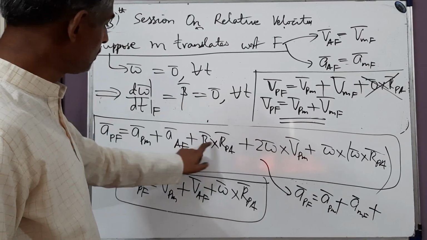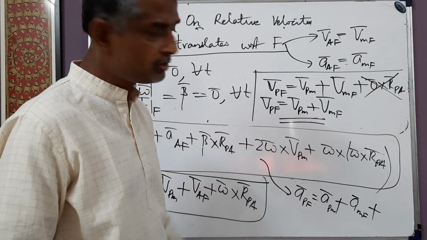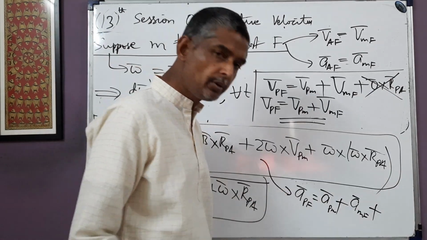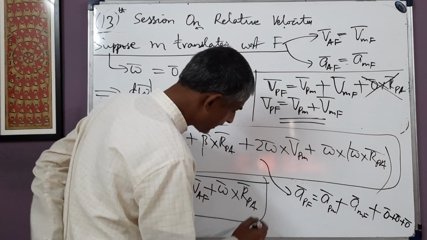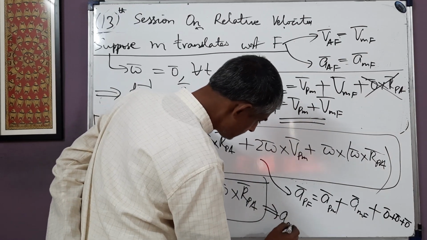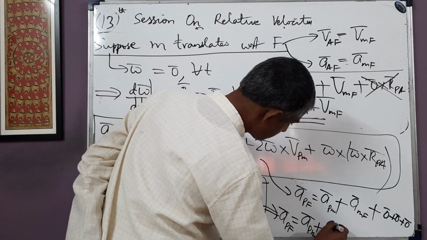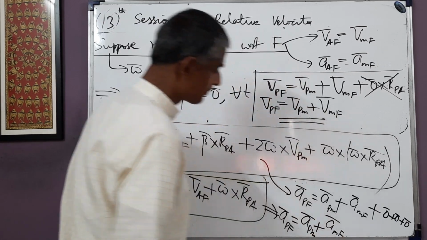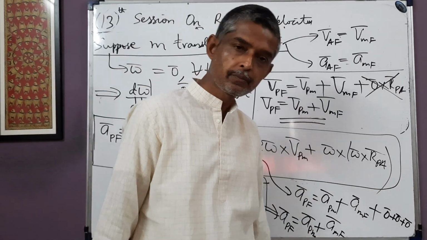Beta is 0, so 0 cross RP is 0. Omega is 0, so 0 cross VPM is 0. 0 cross RP will be 0, that is also 0. So three terms are zero, and we get APF is equal to APM plus AMF. This is the formula which we get in case of translating frames.